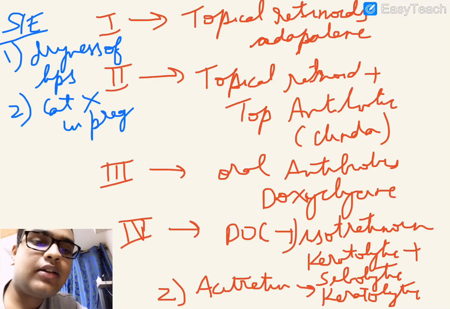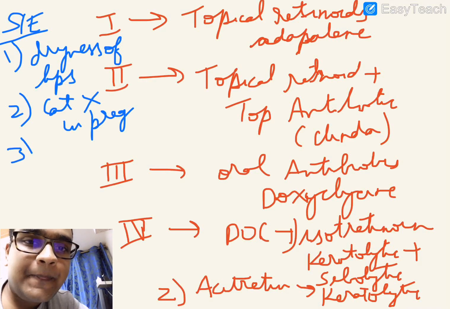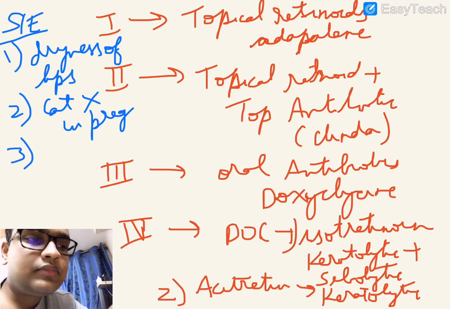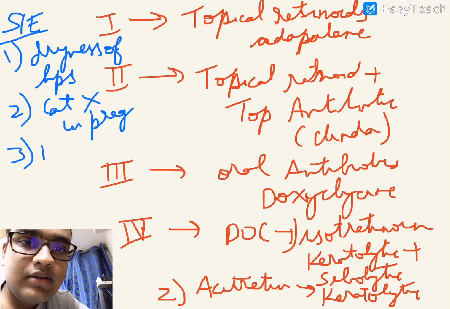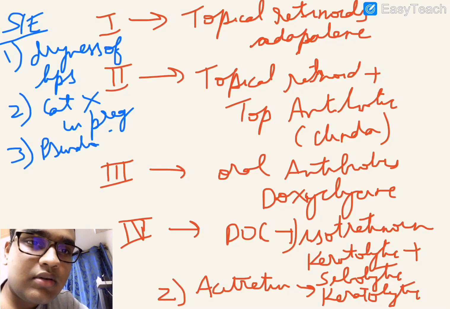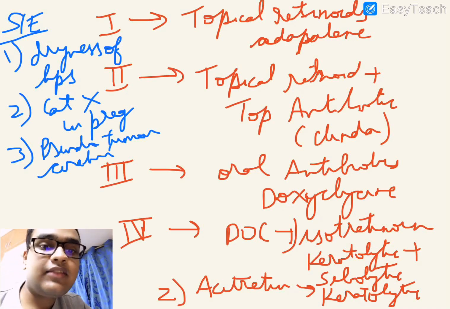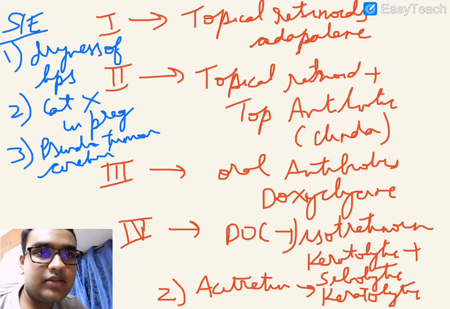It is completely contraindicated in pregnancy, so it's very important when you're prescribing this drug to young ladies. And the third, again an MCQ point, is pseudotumor cerebri or benign intracranial hypertension, which can also be seen as a side effect of isotretinoin. So these are the important points with regard to treatment of acne.